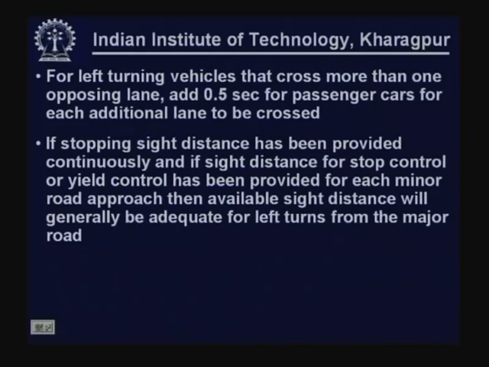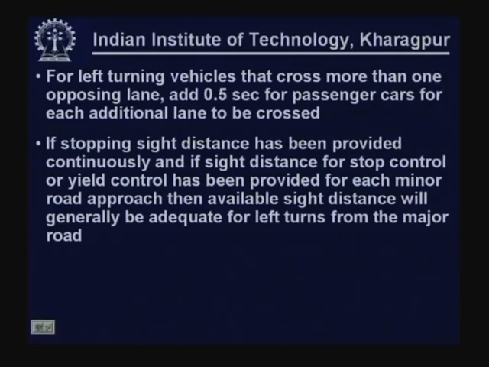Now, if stopping sight distance has been provided continuously, normally throughout the length of the highway, and if sight distance for stop control or yield control has also been provided for each minor road approach, then available sight distance will generally be adequate for left turns from the major road.